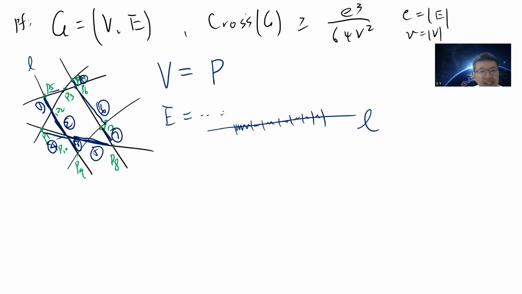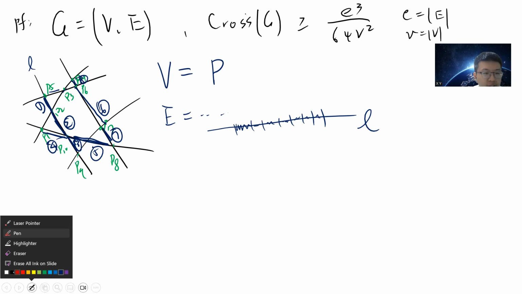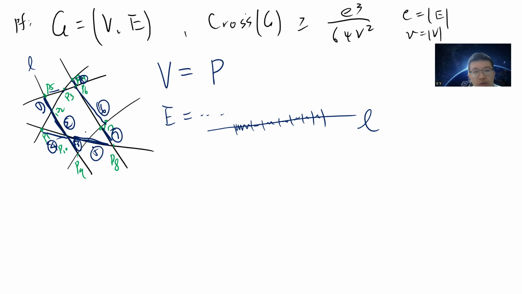Okay, now it's easy to prove the result. Let's say the number of points is the same as the number of vertices. What's the number of edges?